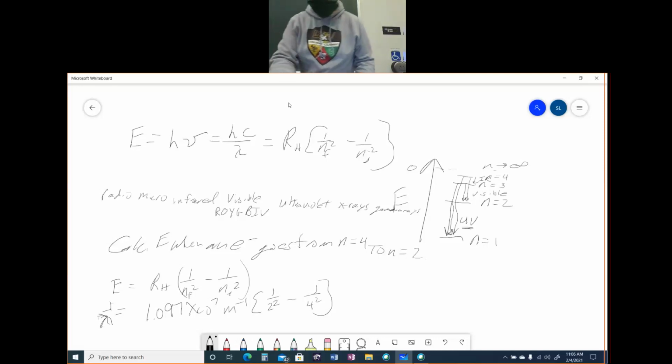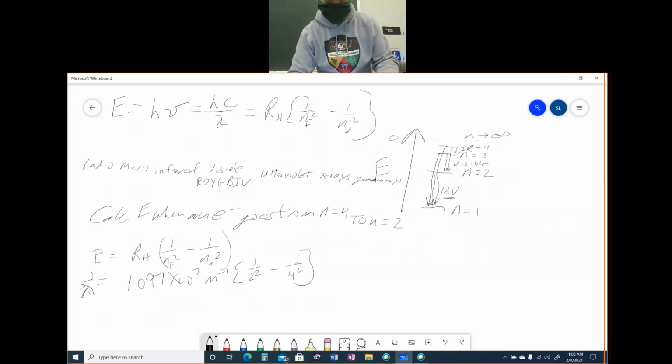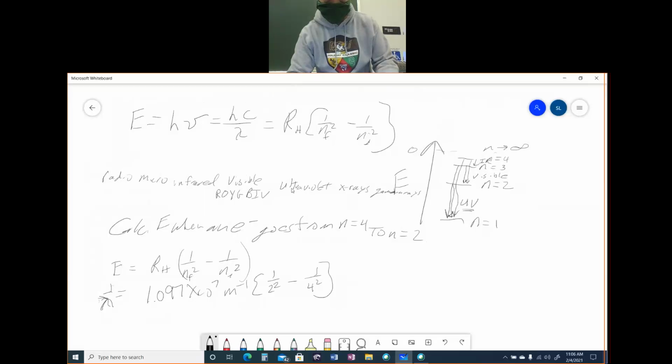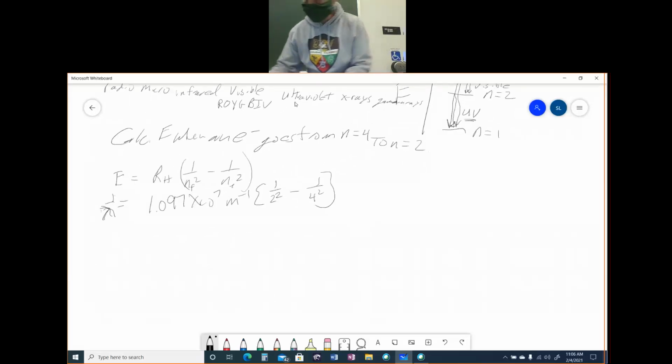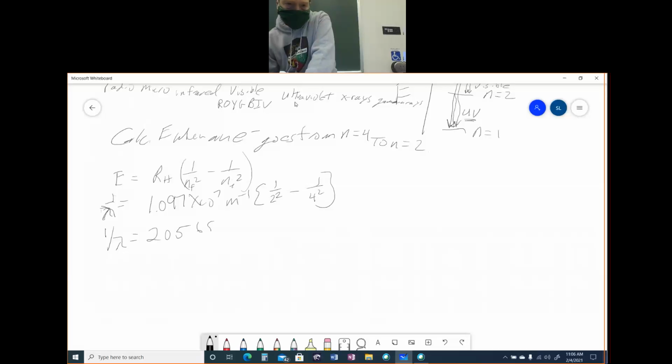And that will give you 1 over lambda. 1 over the wavelength is, let's give all the numbers, 2.056875 times 10 to the 6 meters to the minus 1.